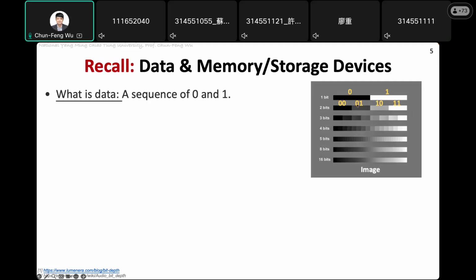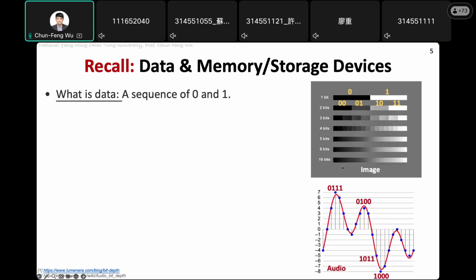If you are talking about a black and white figure, it means you only need 1 bit to represent bit 0 or bit 1. And if you are going to get a grayscale figure, you might need more bits because you want better quality. You are going to differentiate white, light gray, maybe dark gray, and black.